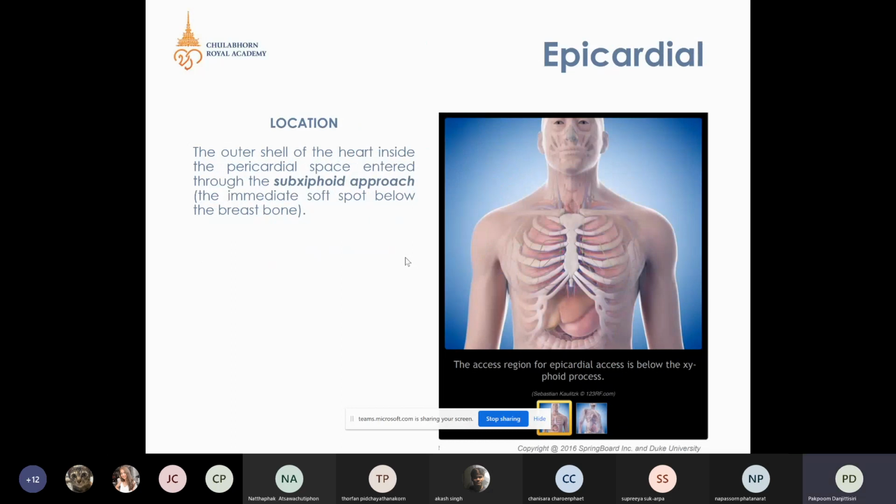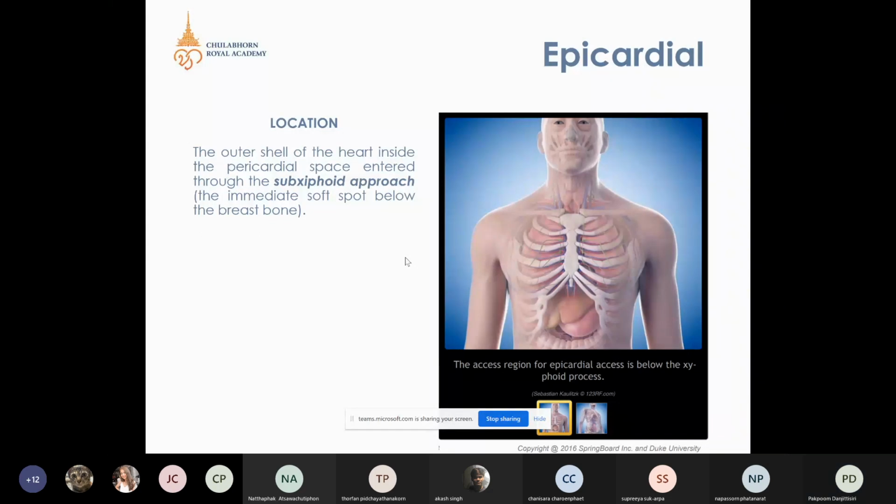The last one is epicardial. The epicardial approach site is below the xiphoid process, which is a part of the sternum.